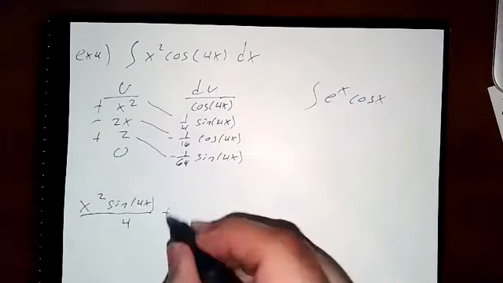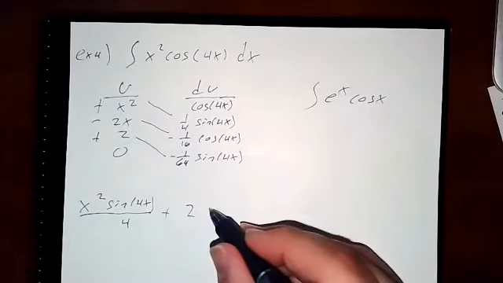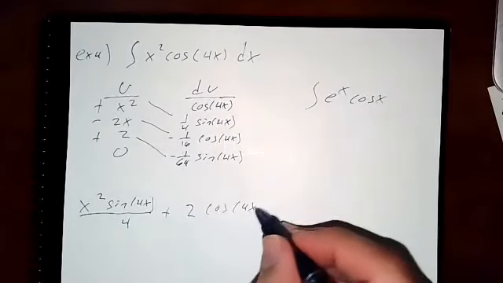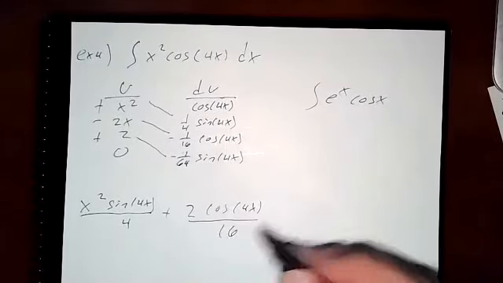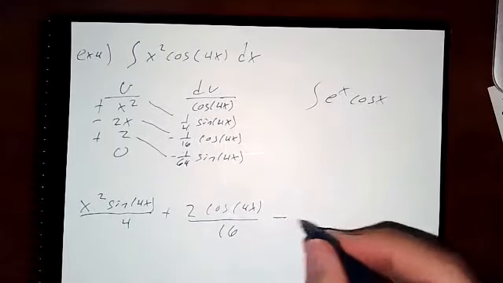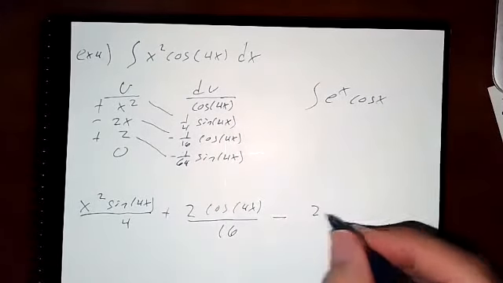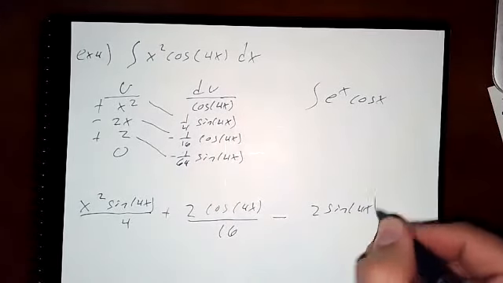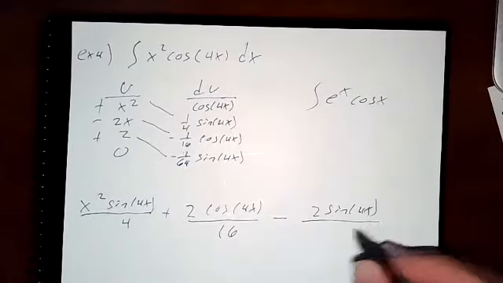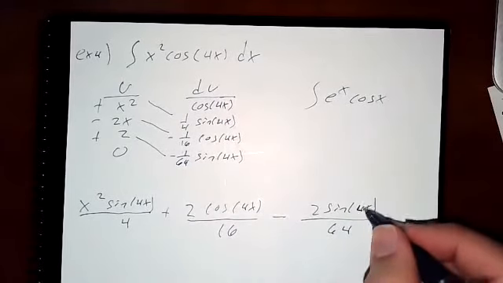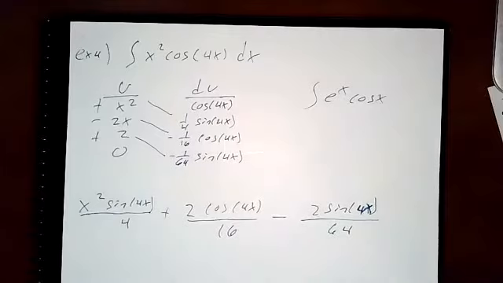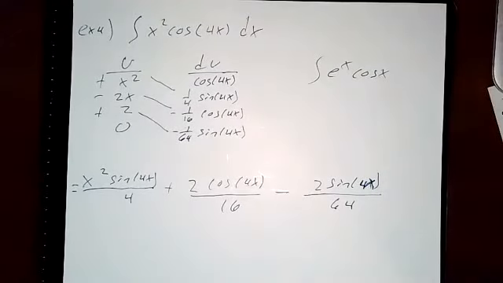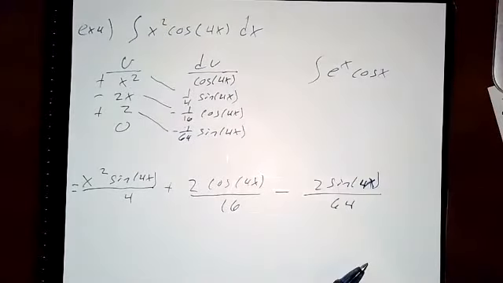You multiply that, so plus 2 cosine 4x over 16 minus 2 sine 4x over 64. And of course, those fractions will reduce. But you see how this is a little easier, because without this method, you'd have to do integration by parts twice here.